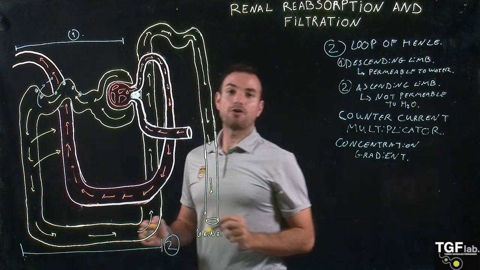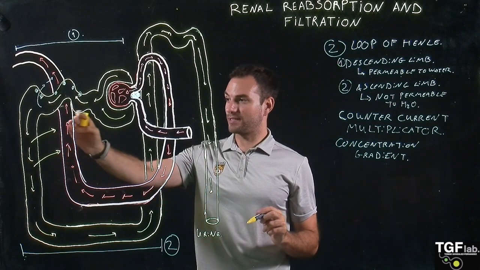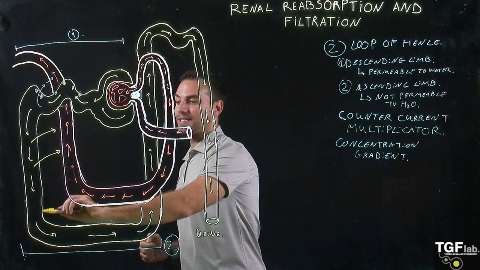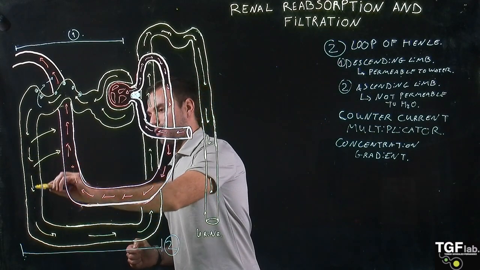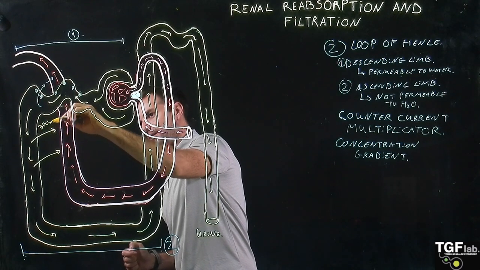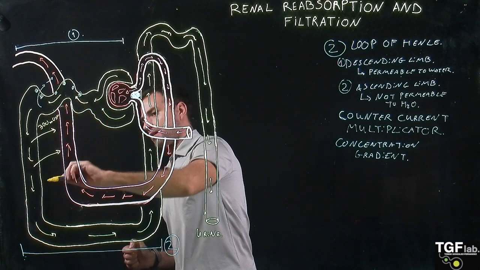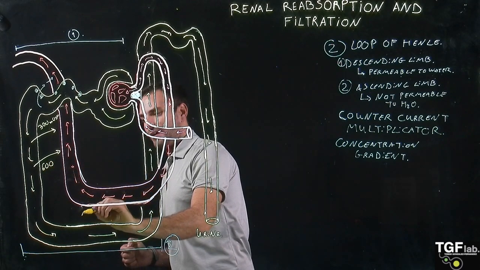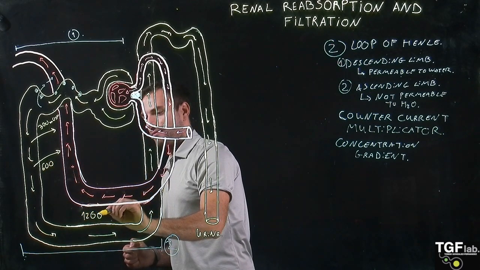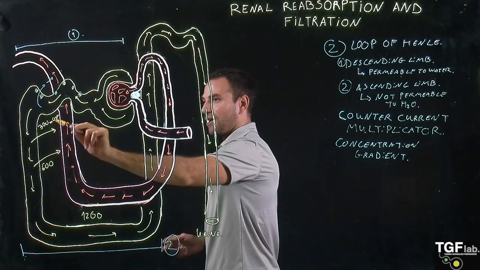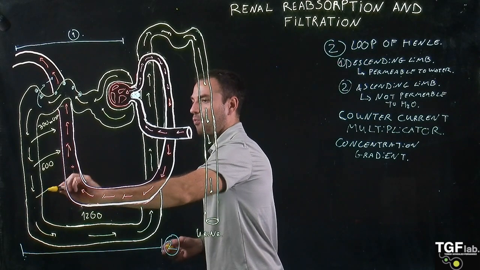Therefore, because the water leaves, the tubular fluid is going to become more concentrated here. So it goes from 300 milliosmol to 600 here, and finally here to 1,200 milliosmol.